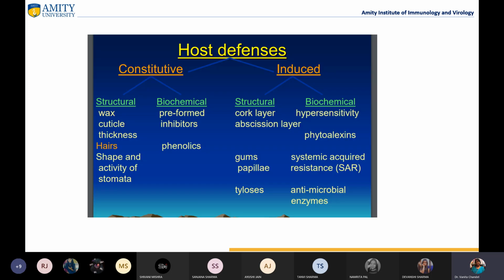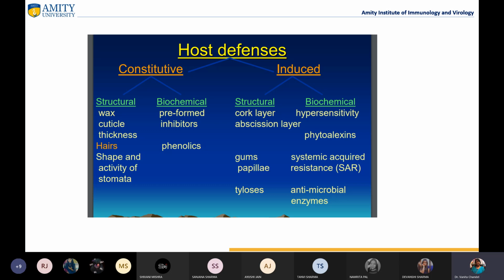Then the host defenses, as we said, can be constitutive or induced. Constitutive again includes structural and biochemical responses, and induced may also be structural and biochemical. In constitutive structural responses, there will be wax, cuticle thickness, hairs, and the shape and activity of the stomata. Biochemical responses could be preformed inhibitors or phenolic compounds generated by the plant.